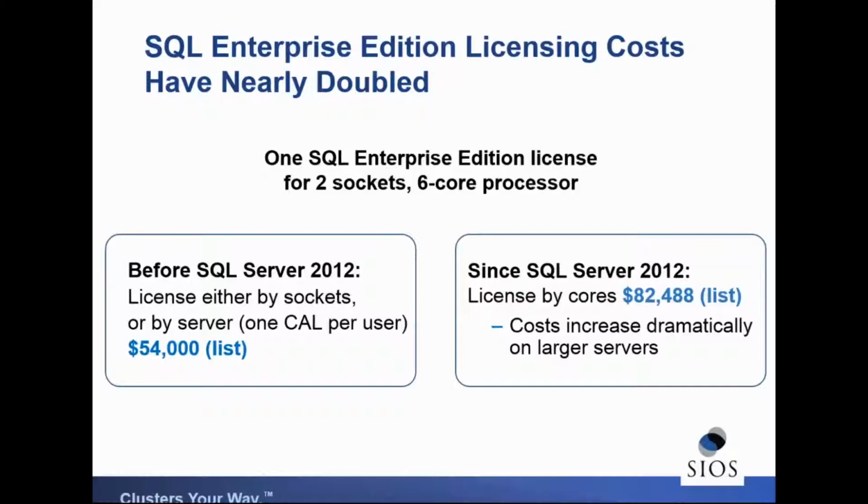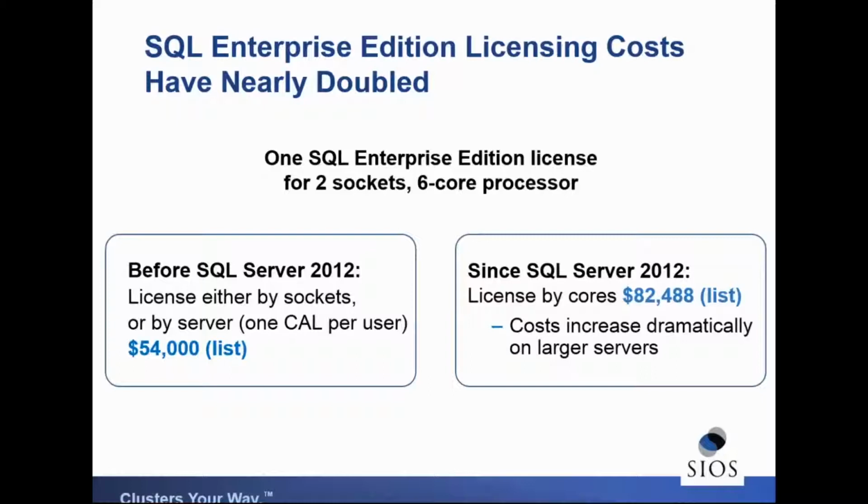Unfortunately now we only have the option of using core-based licensing for Enterprise Edition, so that's a real challenge. So if we're looking at a 1-2 socket, 6-core server, a CAL is a client access license. So basically you buy one CAL per user of your database. In that case, we bought one CAL for every user in the company.